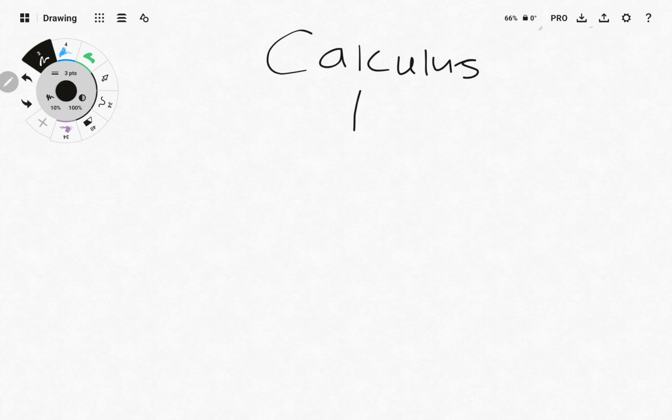So the first question that it aims to answer is basically how to find the gradient of a curve. So right here, the gradient.